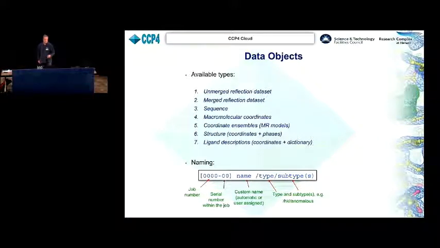It has a serial number, which is the job number, and inside the job there's a serial number, so each job can produce several versions of the data. There's a human readable name, and the type of the data is included in the name. This makes it easily identifiable when you choose the input data for each job.